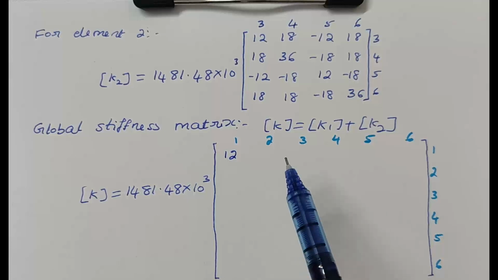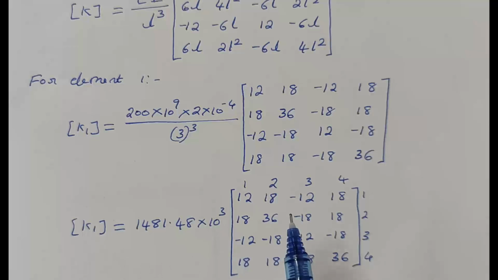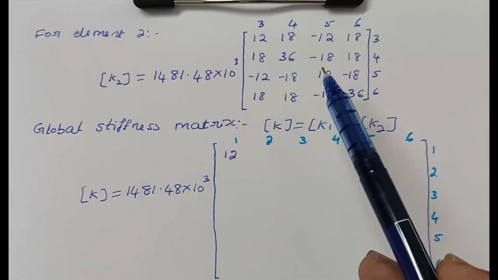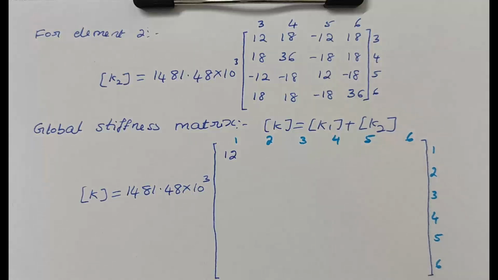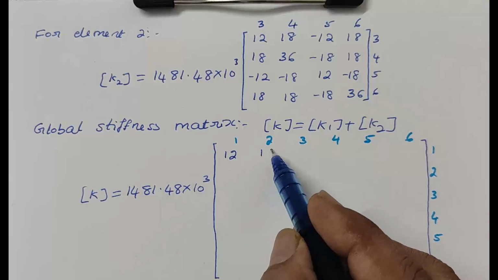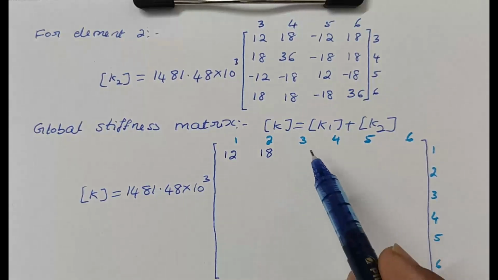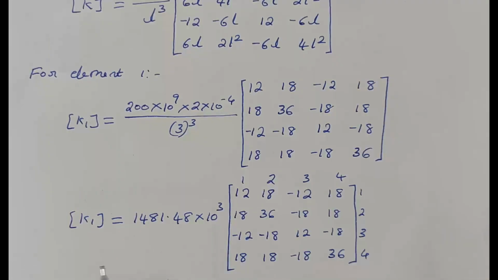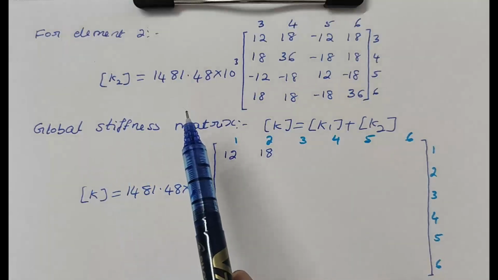Next is element corresponding to 2 and 1. See, in K1 the element corresponding to 2 and 1 is 18. But in K2 we don't have any element corresponding to 2 and 1. Therefore element corresponding to 2 and 1 is 18. Next we need element corresponding to 3 and 1. In K1 it is minus 12, but in K2 we don't have any.